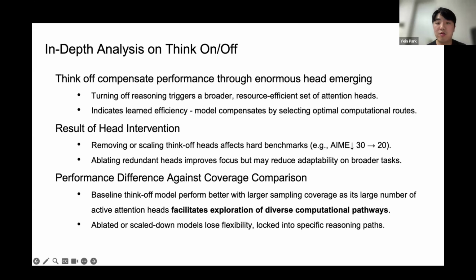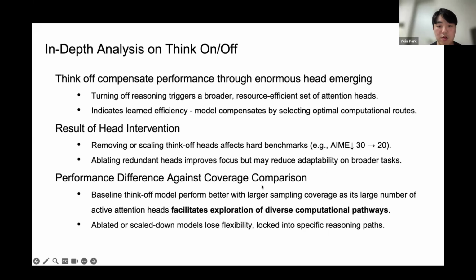which means turning off reasoning triggers a broad, resource-efficient set of attention heads, and it indicates the model compensates by selecting optimal computation routes. And the result of head intervention here, removing or scaling think-off heads, affects hard benchmarks like AIME, going from 30 to 20, which means a decrease in performance, and up-weighting redundant heads improves focus but may reduce adaptability on broader text.